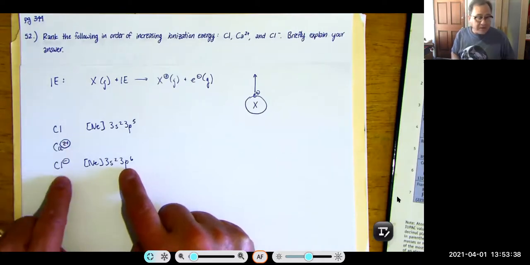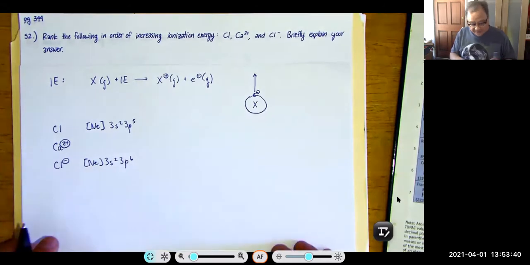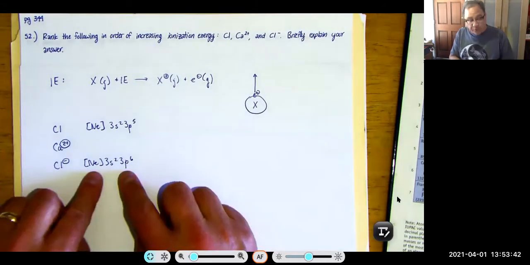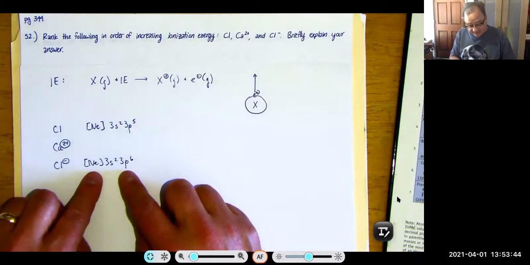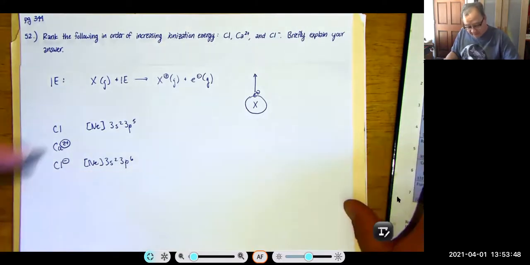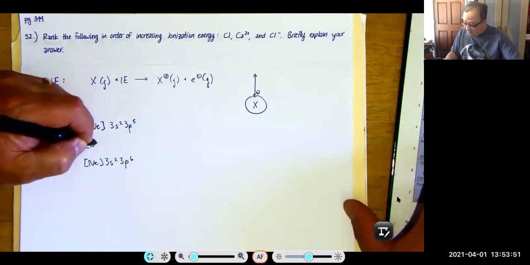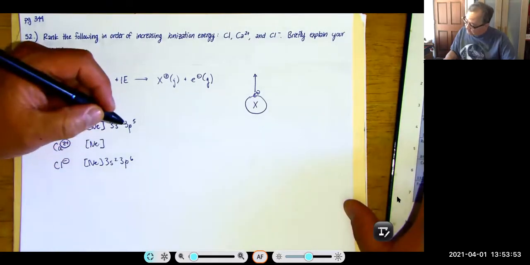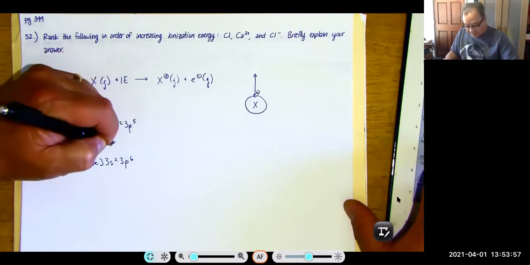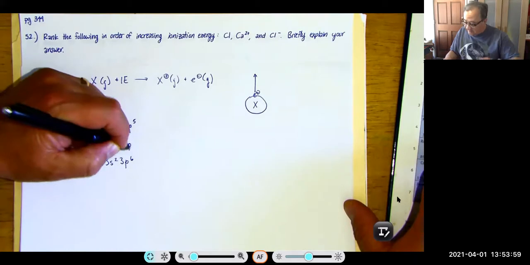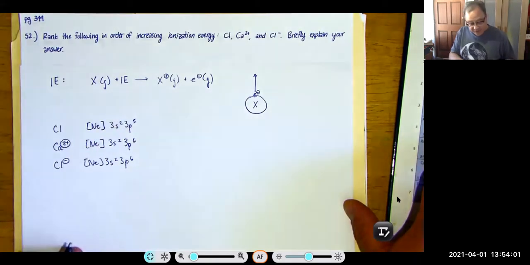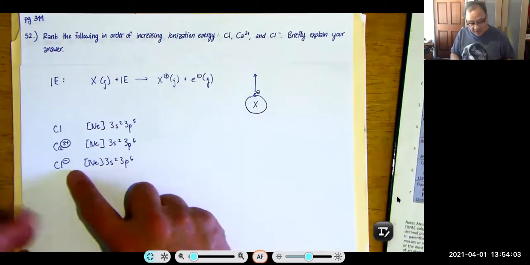And I want you to recall that for anions, the electron configuration is pretty much the same as the noble gas in that same period. Now, calcium 2+ is going to be neon 3s2 3p6, which is the same as it is for chloride ion.